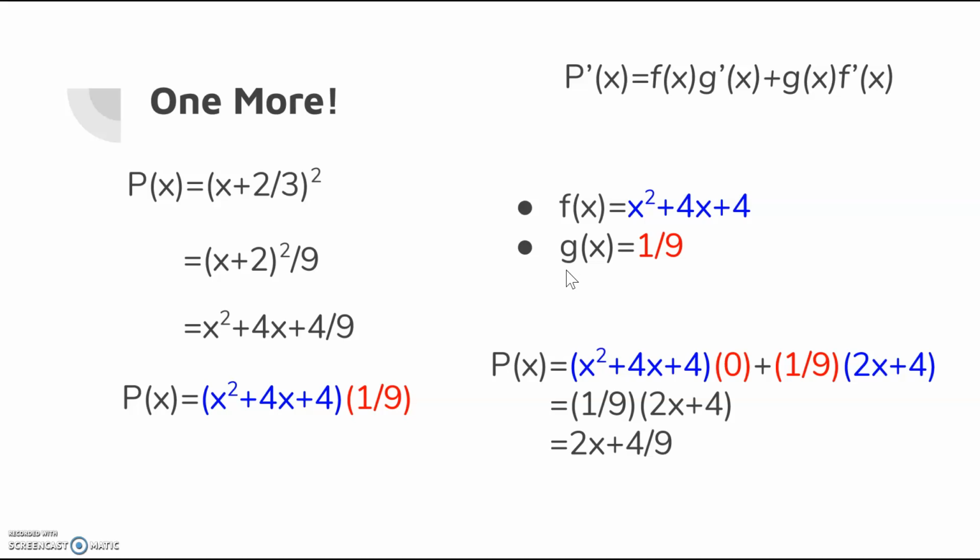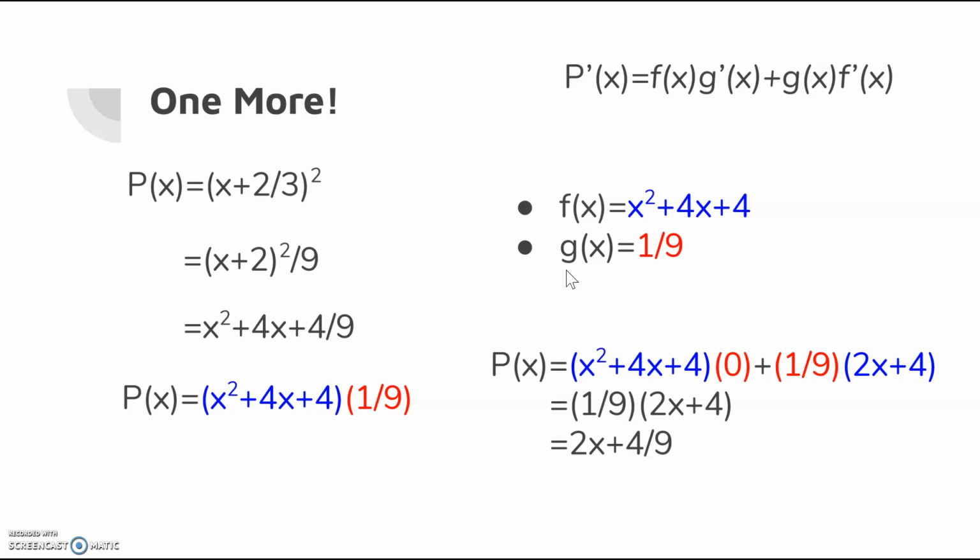Now using our formula, we have f of x, x squared plus 4x plus 4, times the derivative of g of x, which is a constant, so it would be 0, plus g of x left alone, times the derivative of f of x, which would be 2x plus 4.